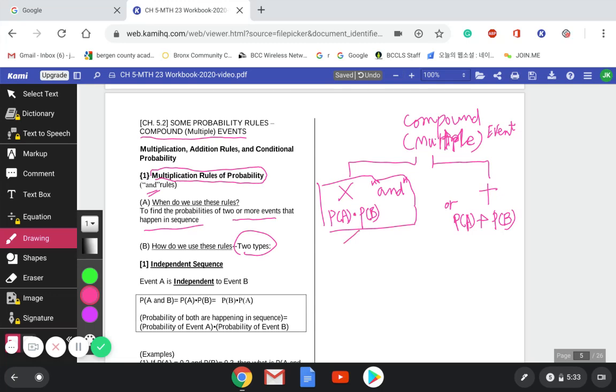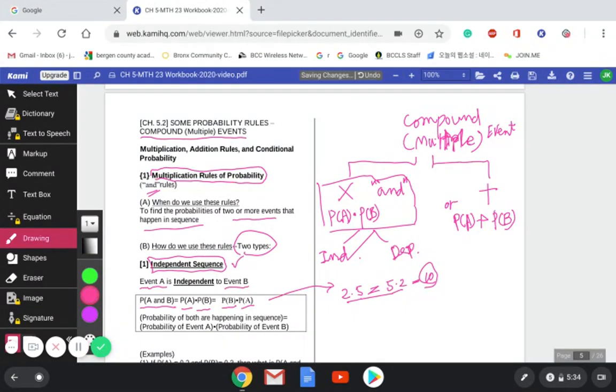In multiplication, let's say 2 times 5 or 5 times 2, both of them are the same, 10. So it doesn't matter as long as it is multiplication.